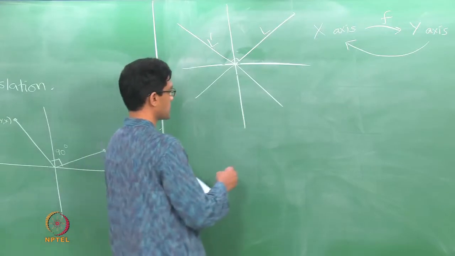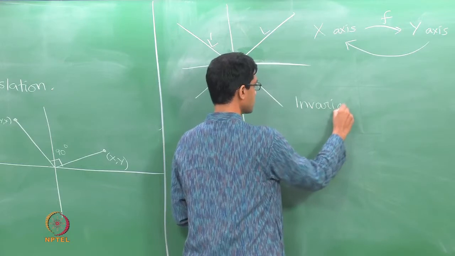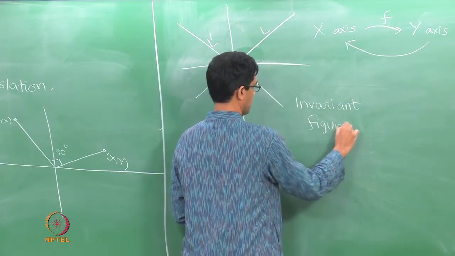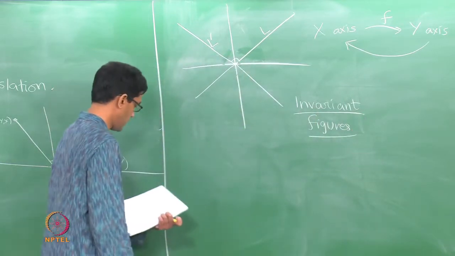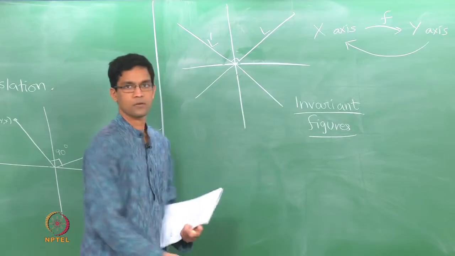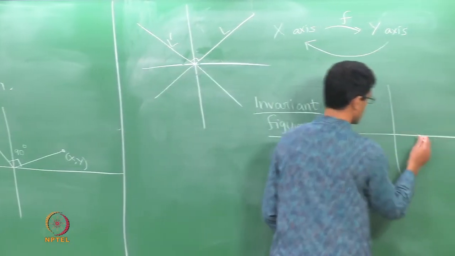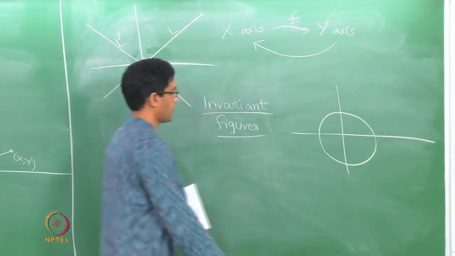But again what is interesting here is to look for invariant figures. So does rotation have invariant figures at all? So here is one obvious figure, which is just a circle about the origin.